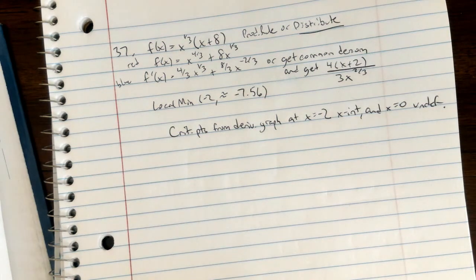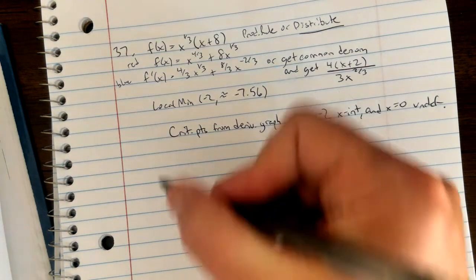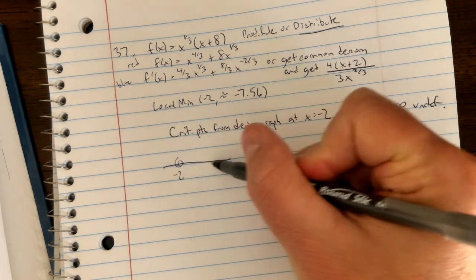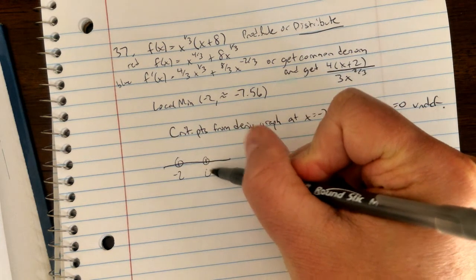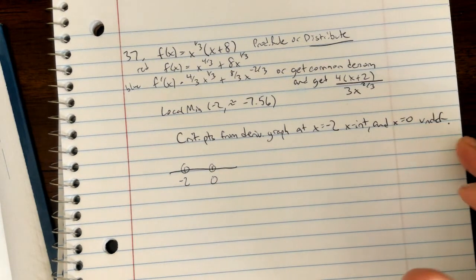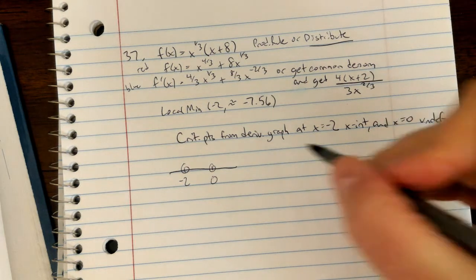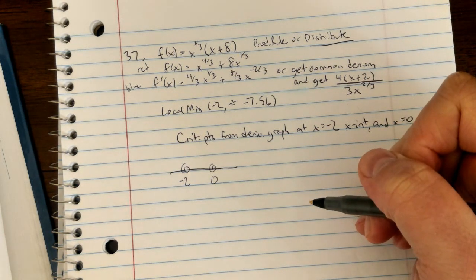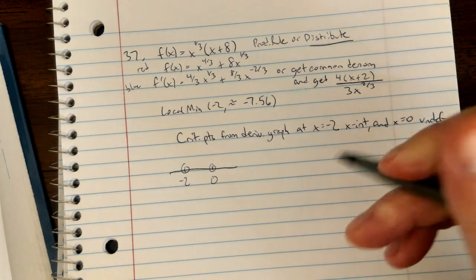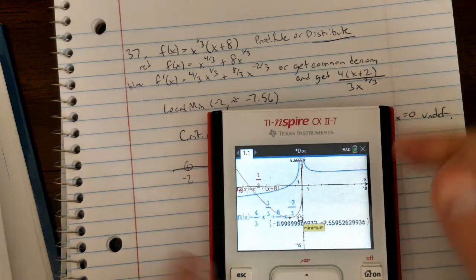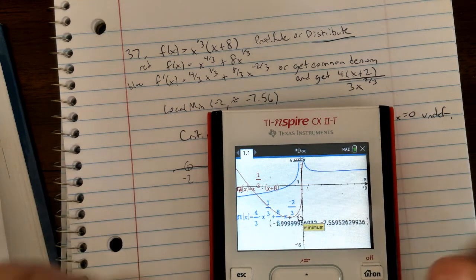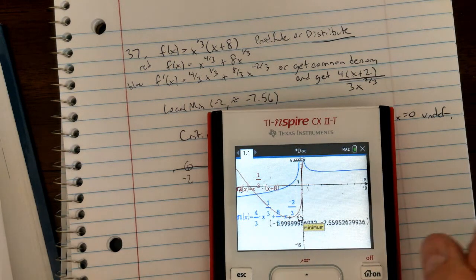Then we want to do our number line and put -2 and 0 and test values. So this one, the graph does not stop going left or right. Like it doesn't freeze like in the other one.